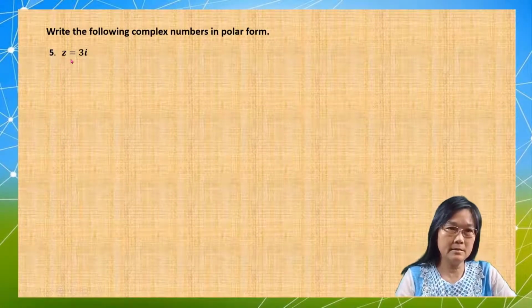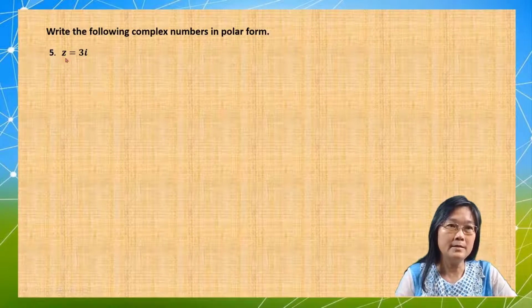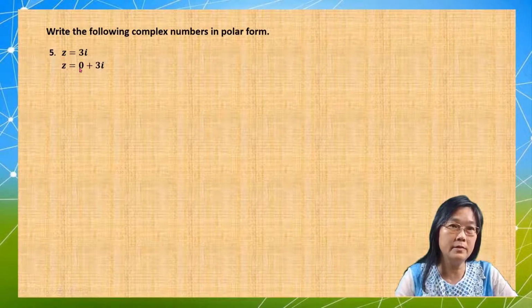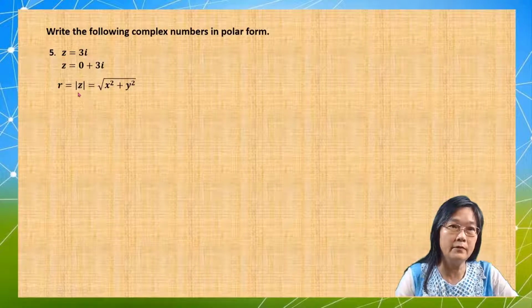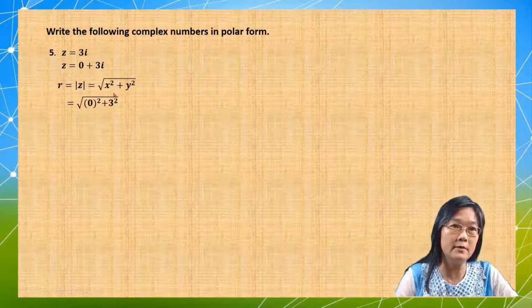Next, z is equal to 3i. When z is equal to 3i, the value of x is equal to 0. So to find the modulus, we substitute into the formula x equal to 0, y equals 3. Then we find that the modulus is 3.